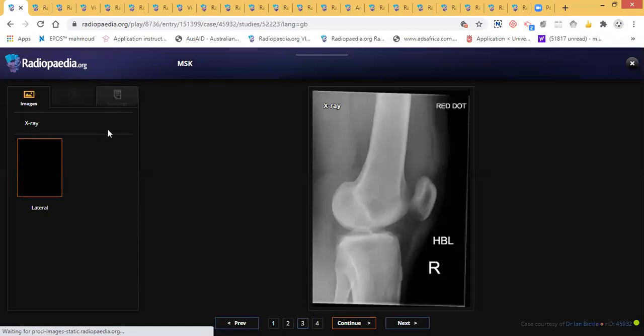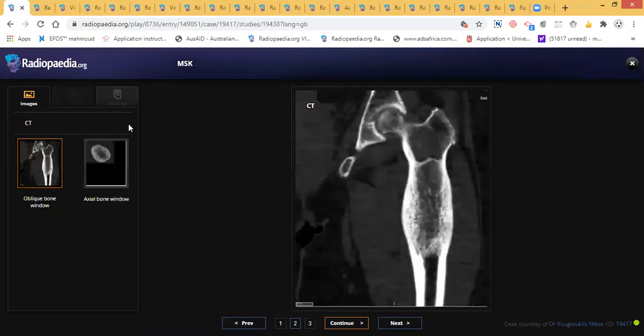It's very frequently associated with ACL tear, anterior cruciate ligament tear. So Segond fracture is one of the very common tips in the exam.